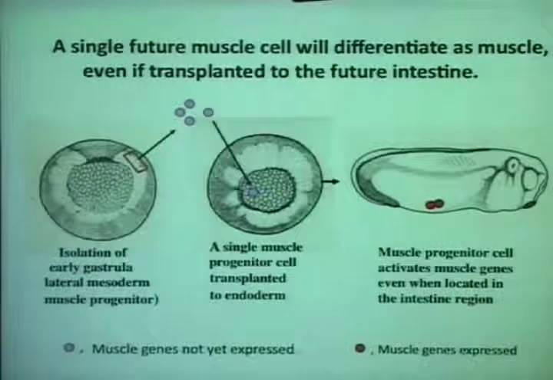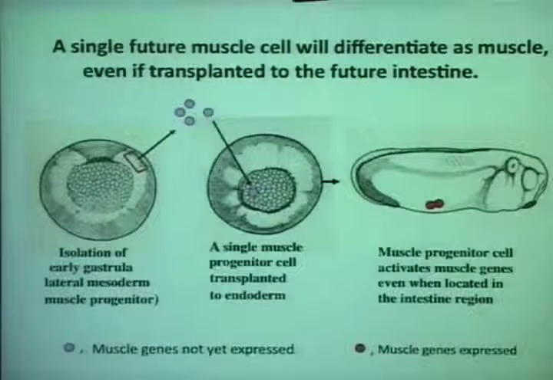But this is not an entirely satisfactory test because when you move a piece of tissue, you normally move hundreds or even thousands of cells, and any one cell will, in general, be surrounded by its previous neighbors. So the test one really wants is one where you move one single cell into a new environment.